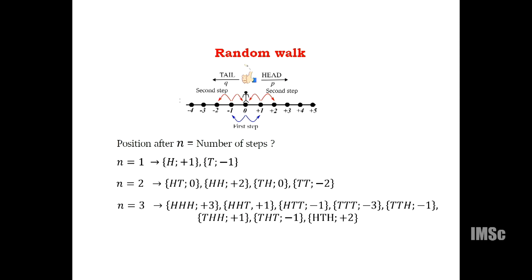For the case of n equal to 2, there are 4 possibilities. It can get one head and one tail, so it moves one step to the right and one step to the left, and its final position will be 0. Another possibility is 2 consecutive heads, then it moves 2 steps to the right, and its final position will be +2.